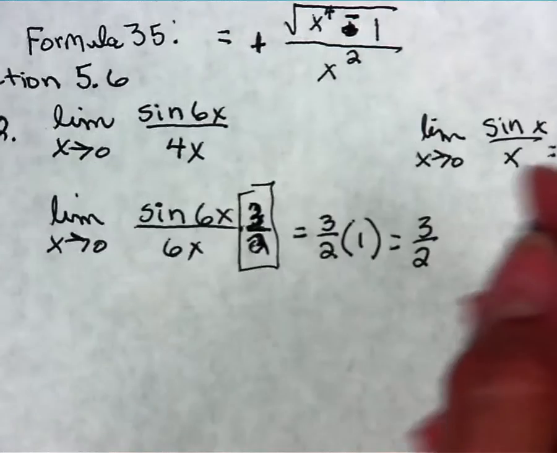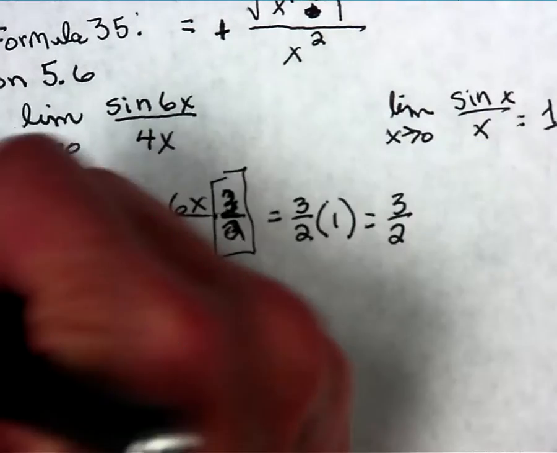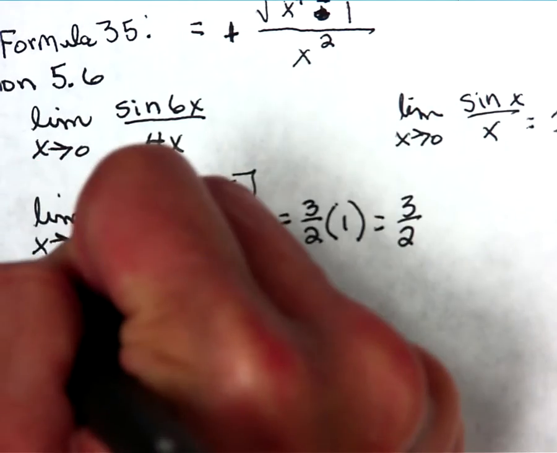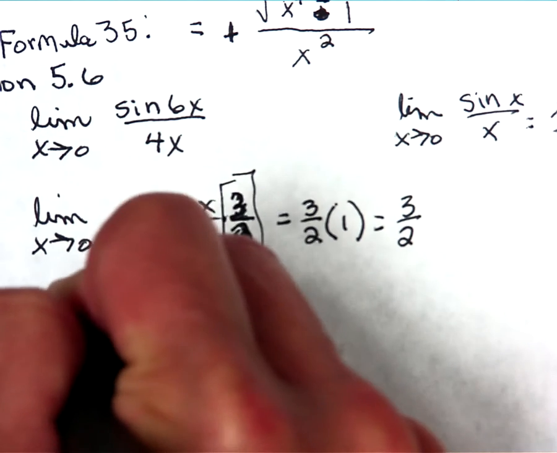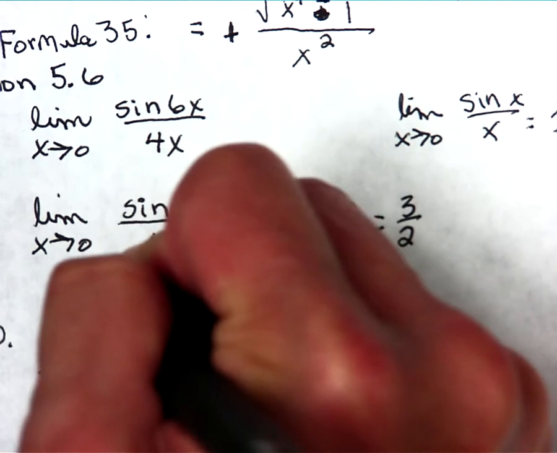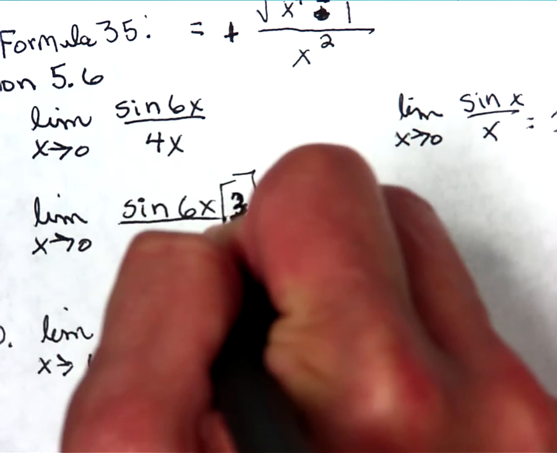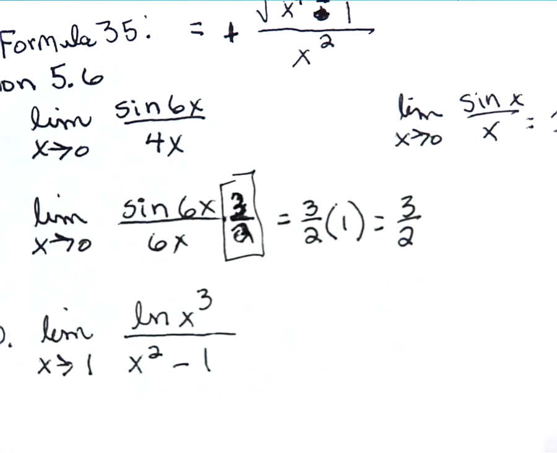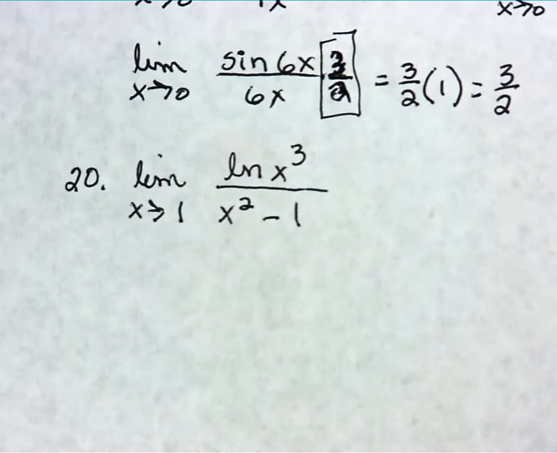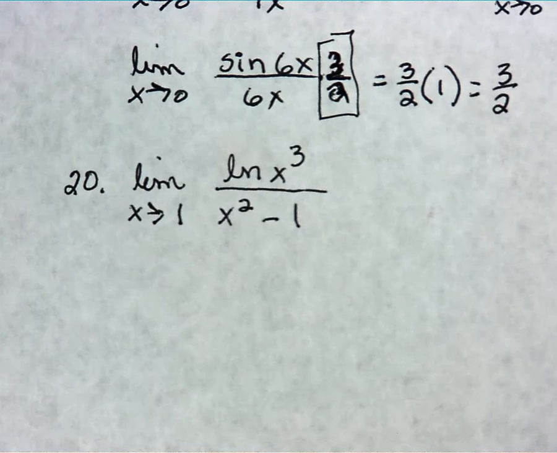But number 20, I'm not sure that I could figure that out a different way. Why don't I just say the degree of the numerator is higher than the degree of the denominator?